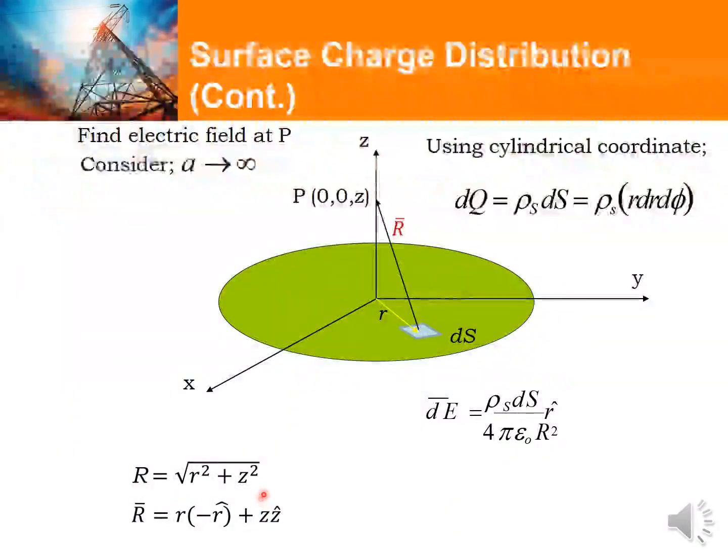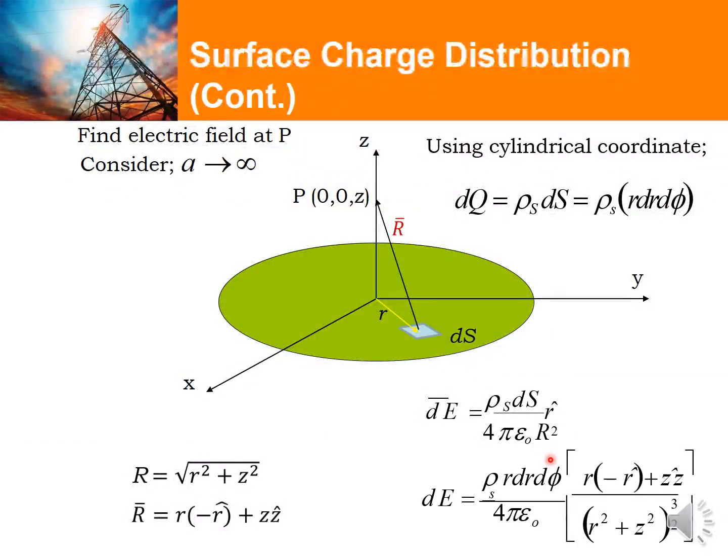Defining this and applying it to the relation of dE equivalent to rho_s dS divided by 4 pi epsilon naught R squared, we would have this relation. This is just a sample of differential electric field due to dS, and to define electric field for the whole area, we would usually integrate dE.